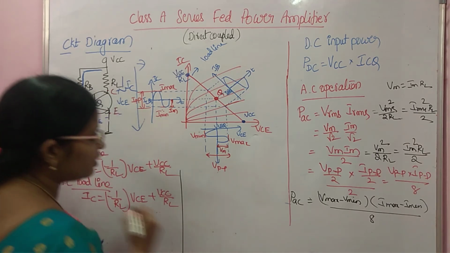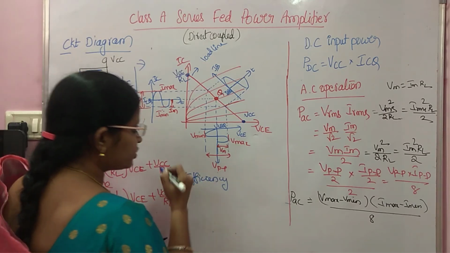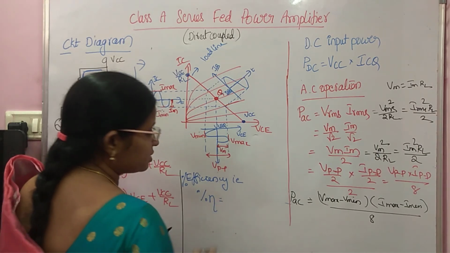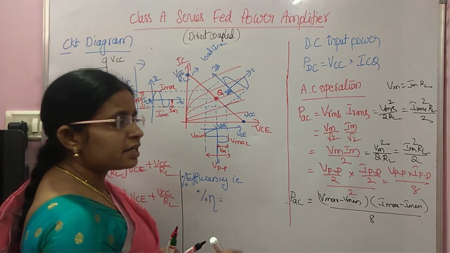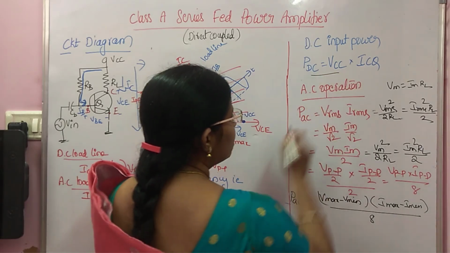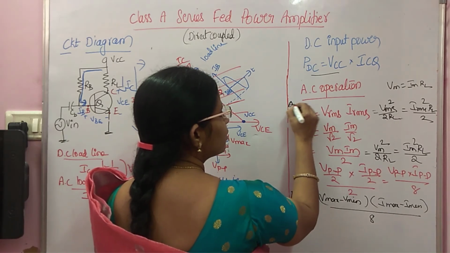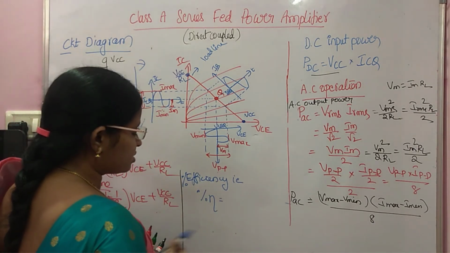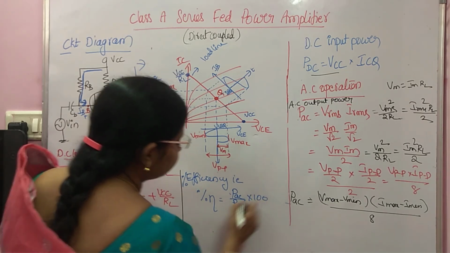Now I'll move to the efficiency. What is efficiency? Percentage efficiency, percentage eta, is AC output power divided by DC input power. PAC is the AC output power, so percentage eta is PAC by PDC into 100.